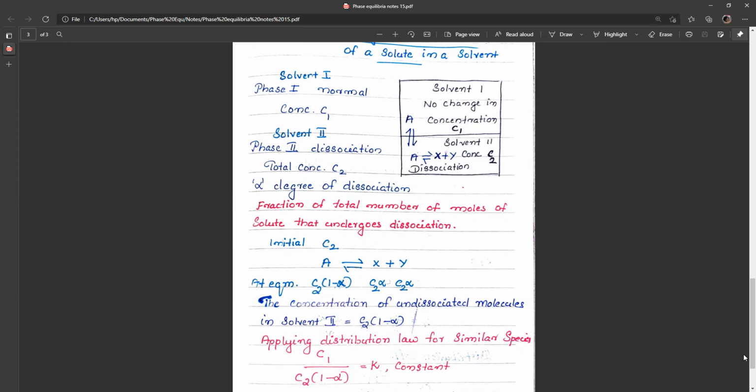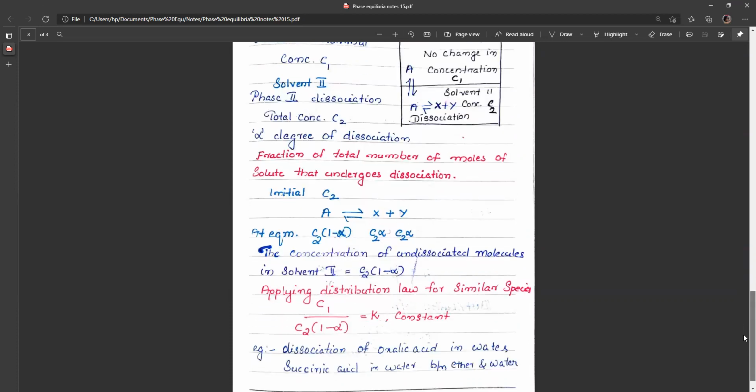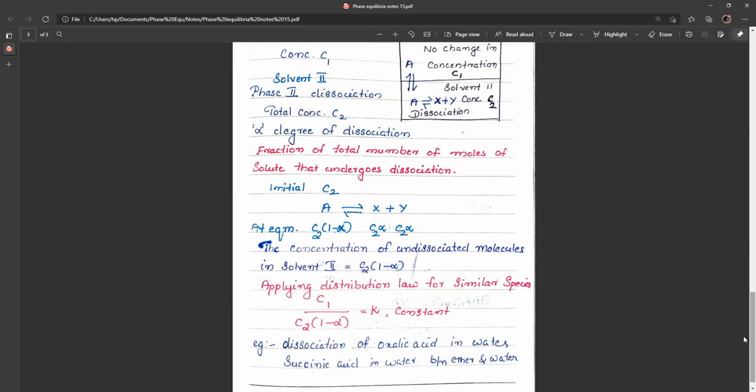The initial concentration is C2. So A gives X plus Y: C2 into 1 minus alpha, C2 alpha, and C2 alpha. The concentration of undissociated molecules in solvent 2 is C2 into 1 minus alpha. Applying the distribution law for similar molecular species, C1 by C2 into 1 minus alpha is a constant.